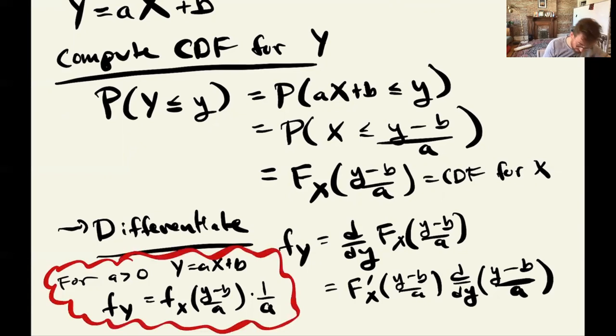So that's the formula. Assuming you know the PDF for x, you can determine the PDF of y by taking y minus b divided by a, plugging in the PDF for x, but then scaling everything by 1 over a.